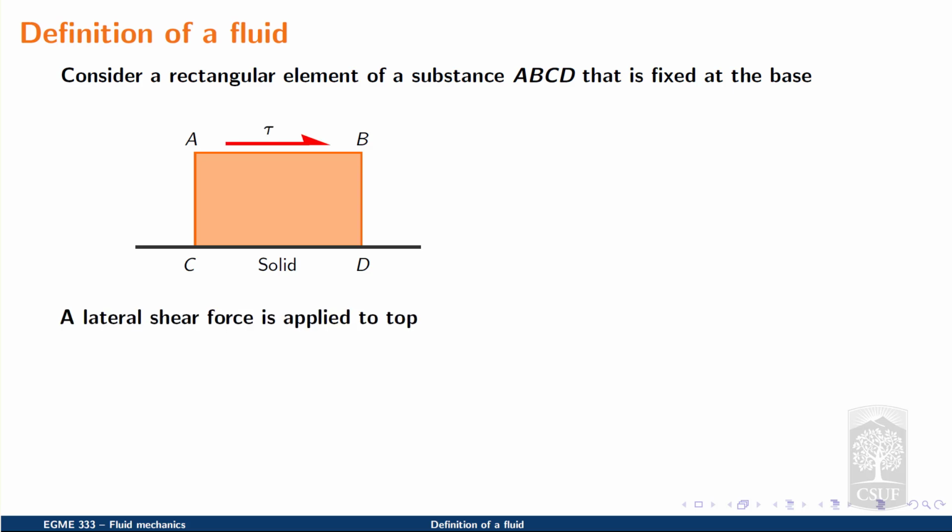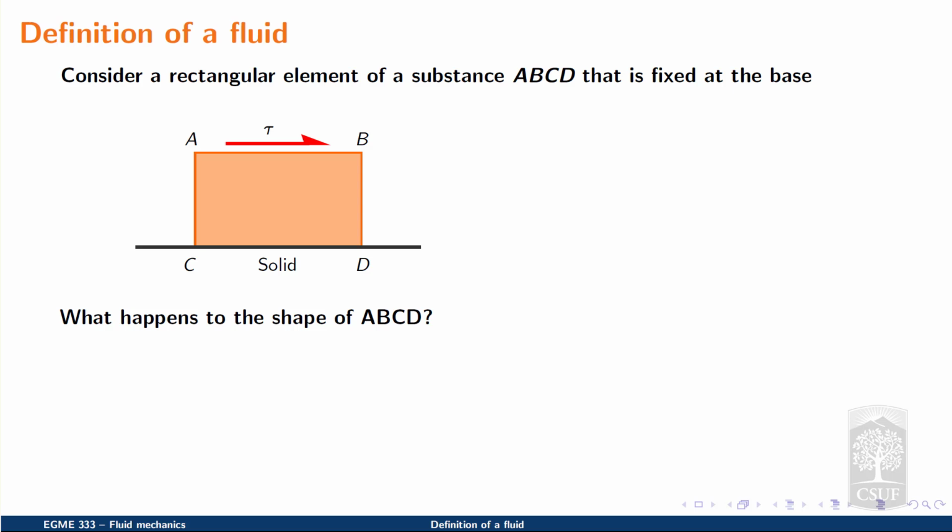Now consider a lateral shear force that is applied to the top of the substance ABCD. The natural question that arises is then what happens to the shape of substance ABCD?